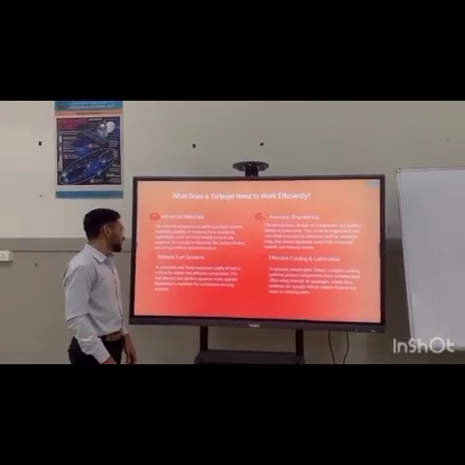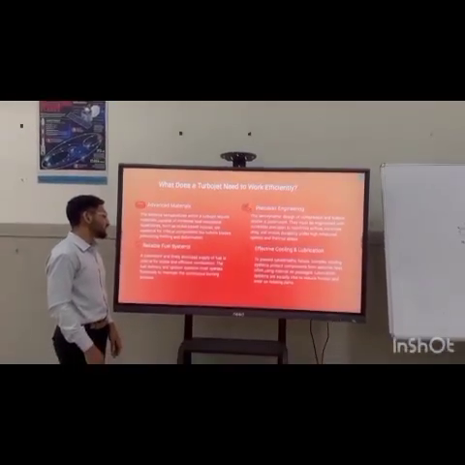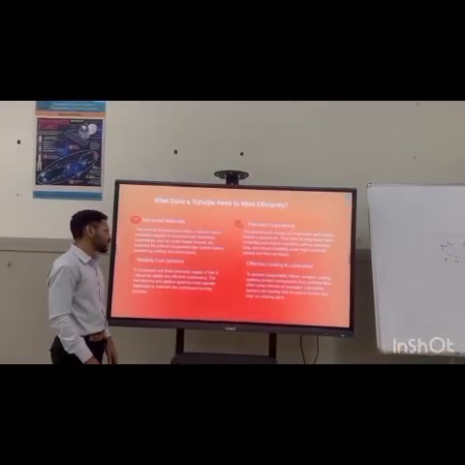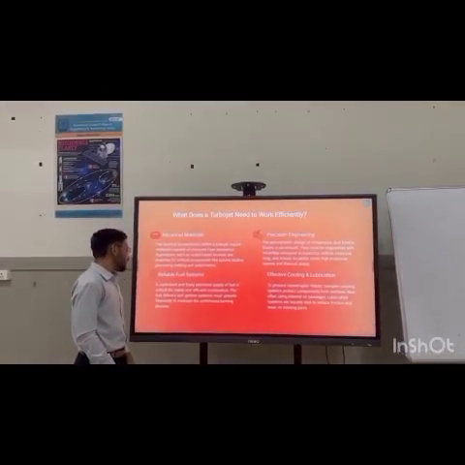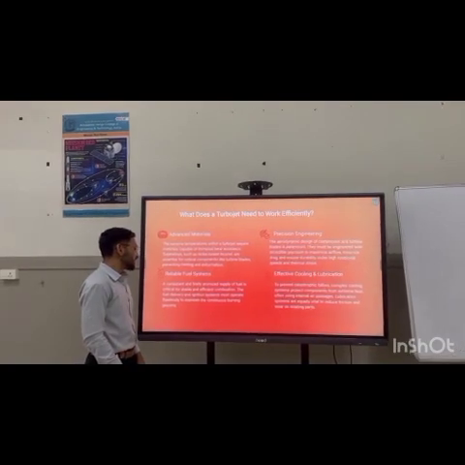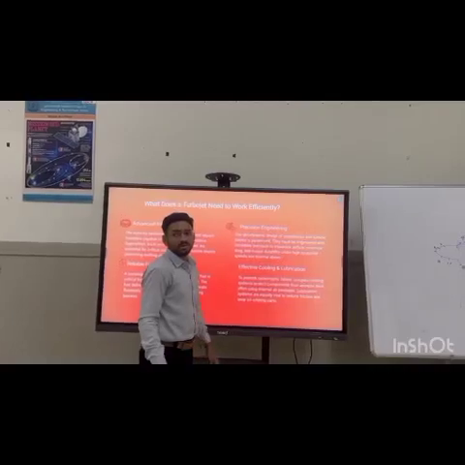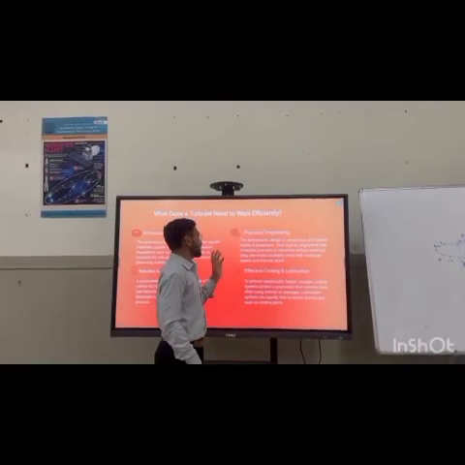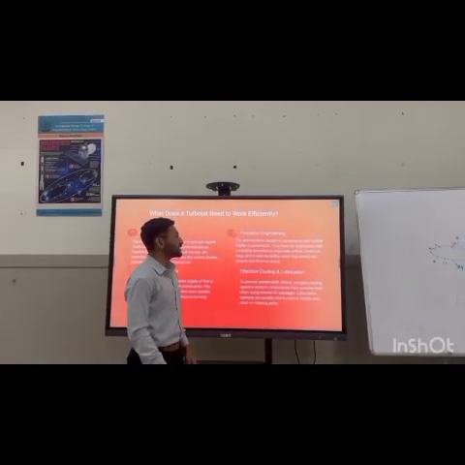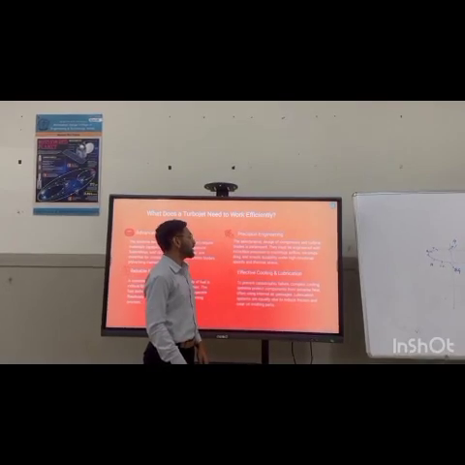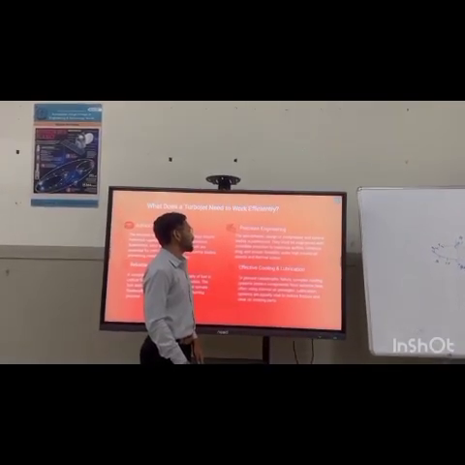The fuel delivery and ignition system must operate flawlessly to maintain the continuous burning process. Precision engineering: the aerodynamic design of the compressor and the turbine blades is paramount.